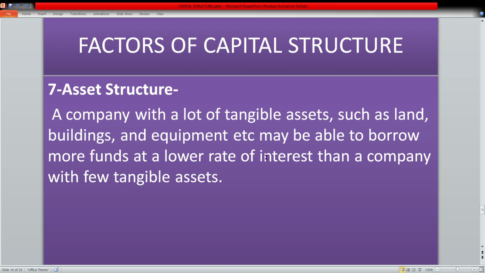If the asset base of the company is very good, then generally the bank can extend loan at a lower rate of interest. If the company does not have a good asset structure, then the company cannot afford a lot of security to the bank. In such case, bank charges more interest because bank has to bear the high rate of risk.